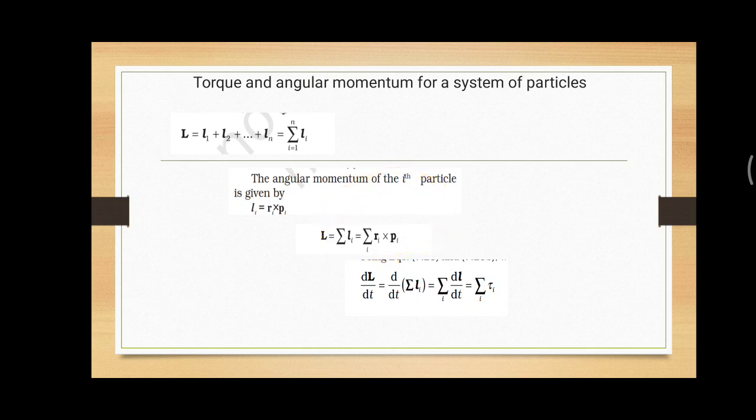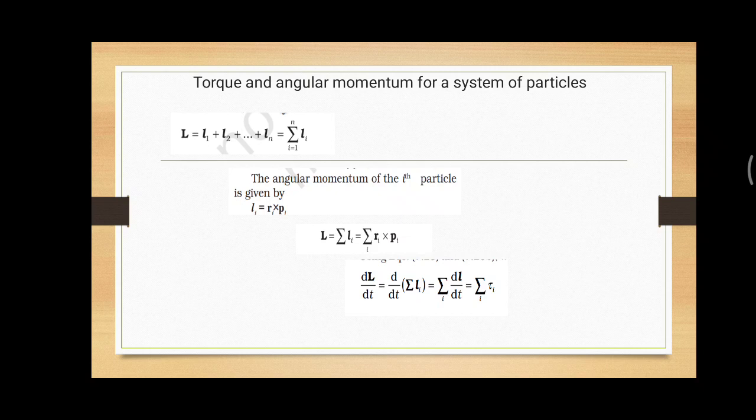Now if you take d by dt, dL/dt is the summation of dLi/dt, and dL/dt is actually tau, so dLi/dt will be tau i.